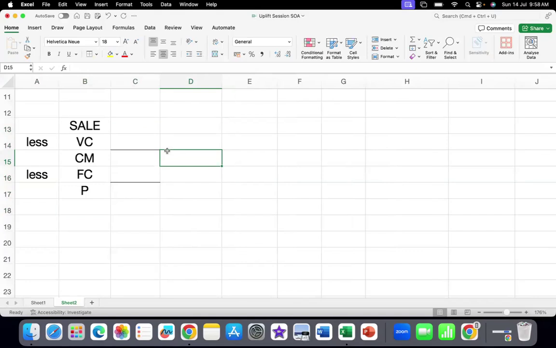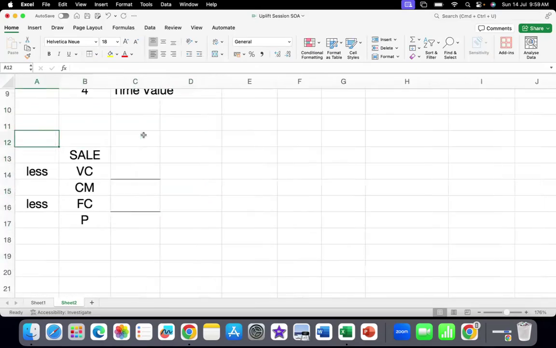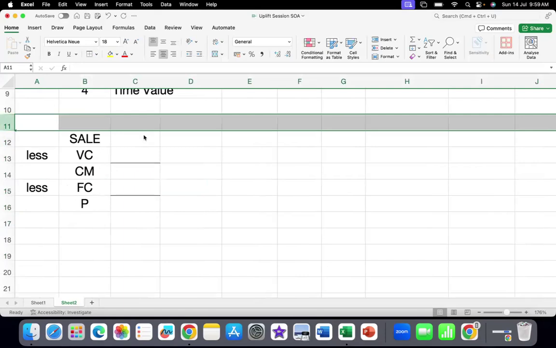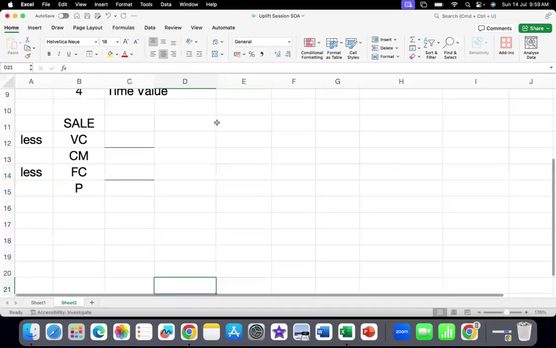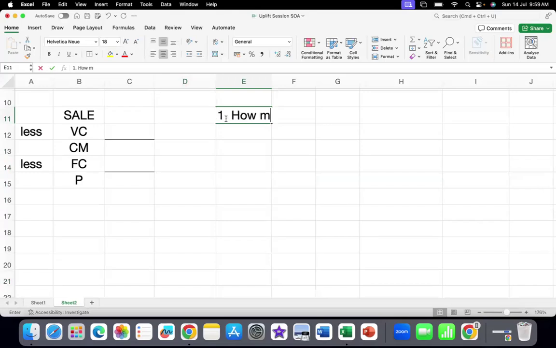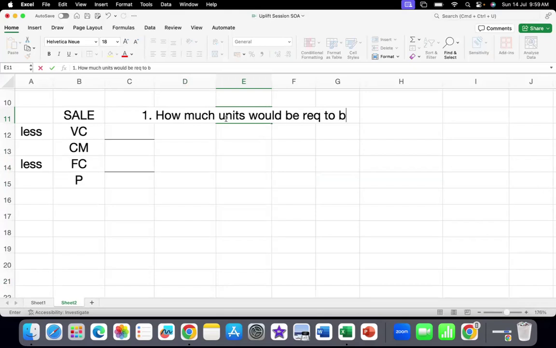Then there are multiple questions which management is going to ask you. These questions are usually asked when a new project or a new decision needs to be made. The questions basically are: how many units would be required to be at a no profit, no loss position?